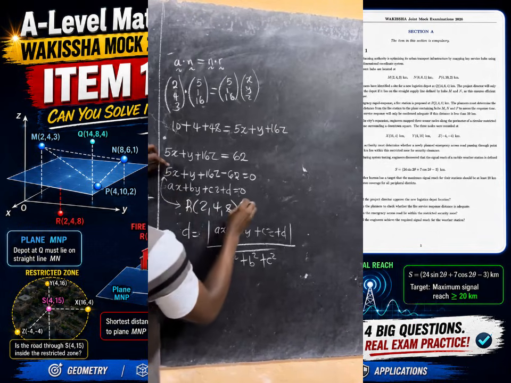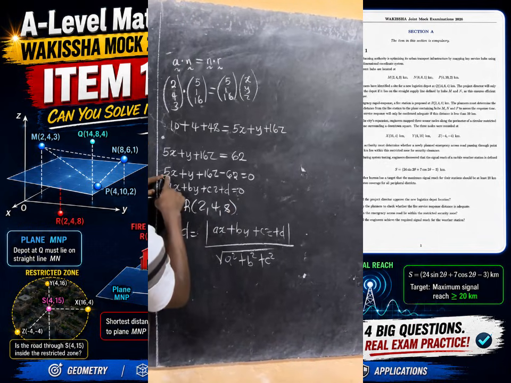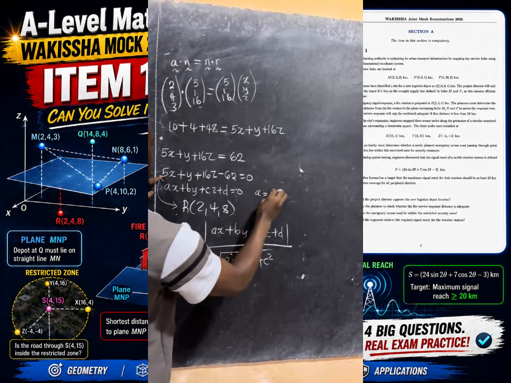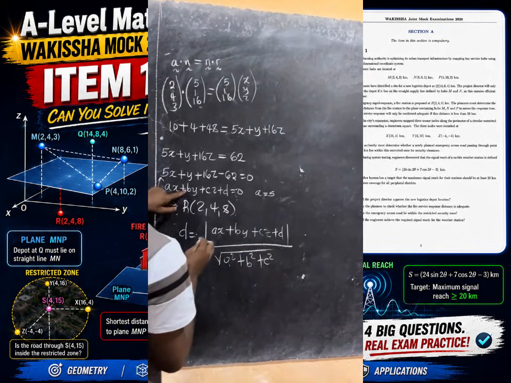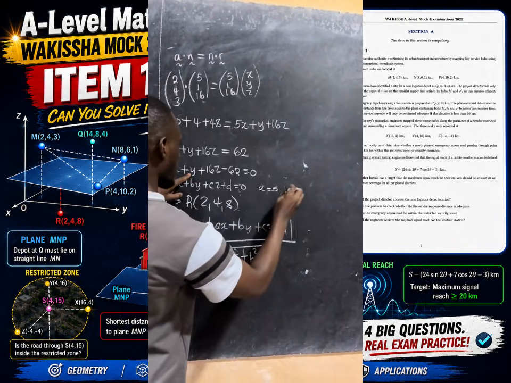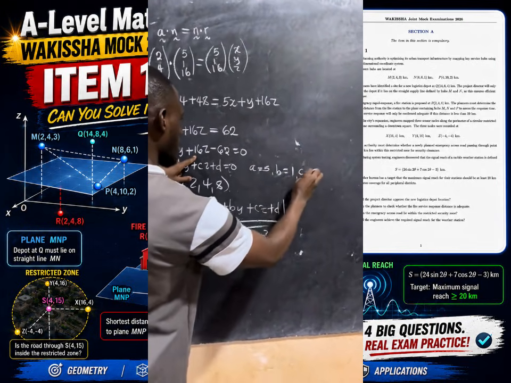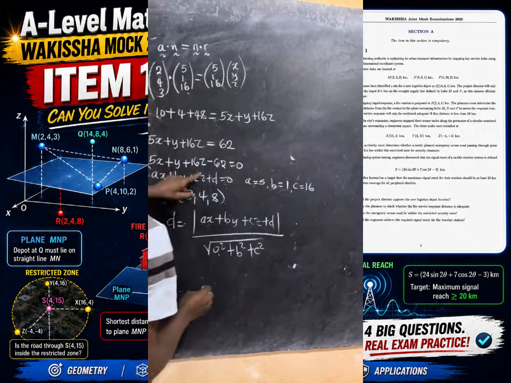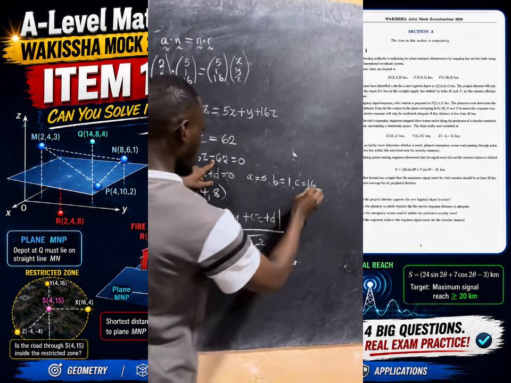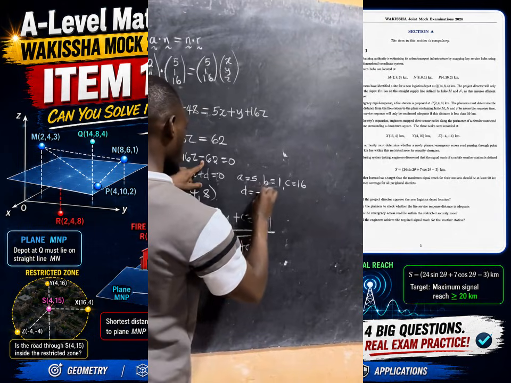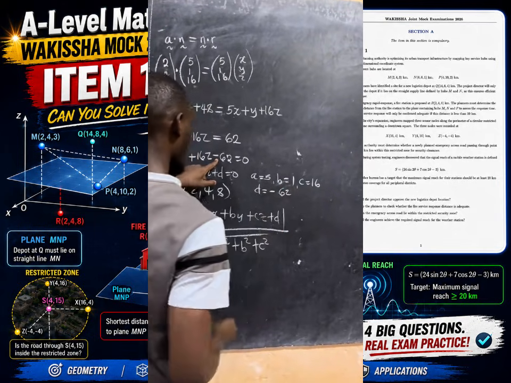So our a is the coefficient of x. So a is 5, b is 1, c is 16, just the normal. Then d is negative 62.